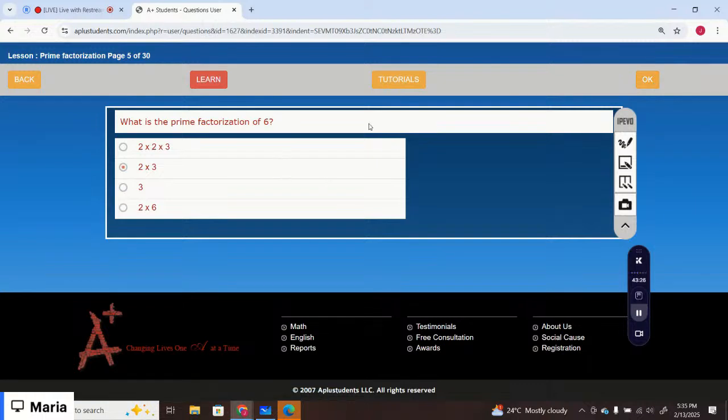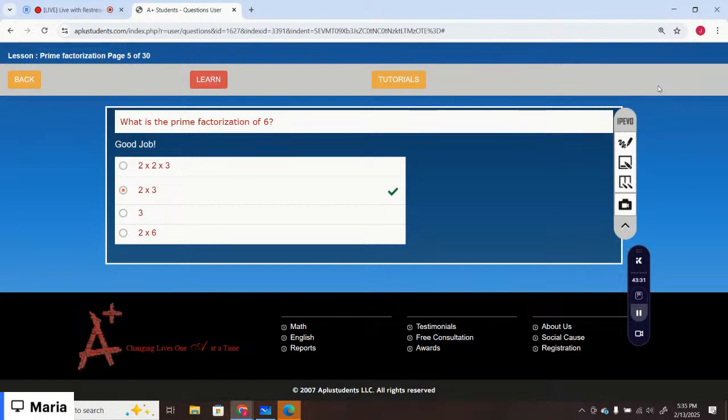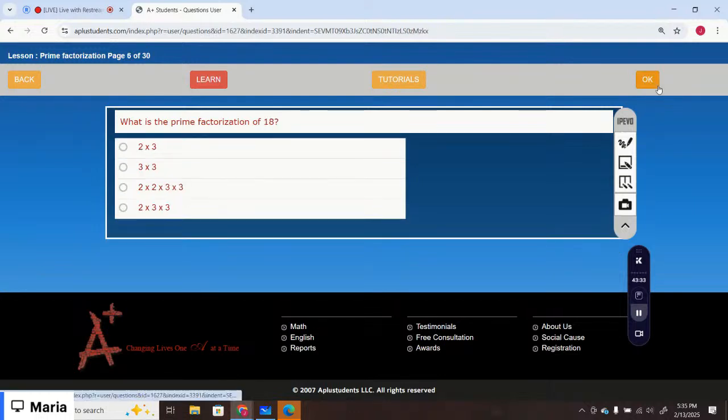Option number 2 is the correct option. What is the prime factorization of 18?